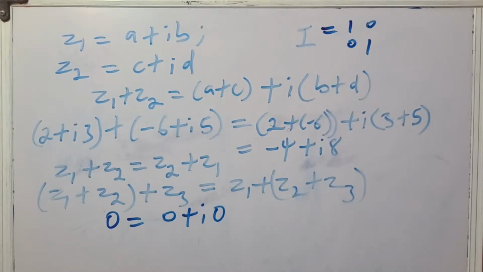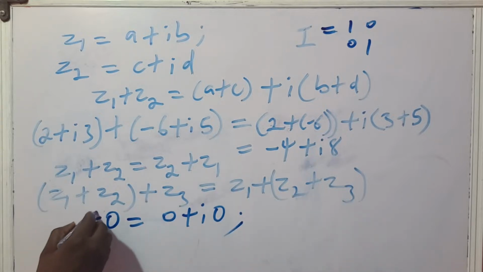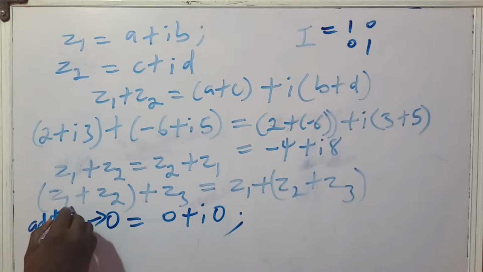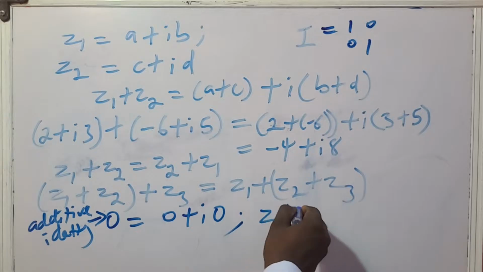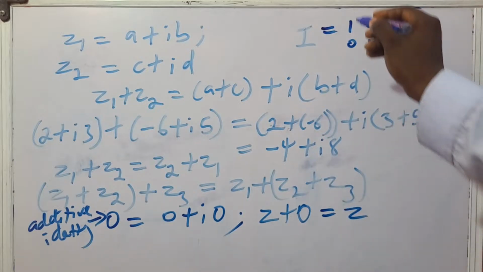So if we go on to check the identity, this is what we call the identity complex number, the additive identity. And this is how it features. If you say z plus 0, that means the additive identity here, which 0 is represented by, you will always get z back, which is the important feature of identity.